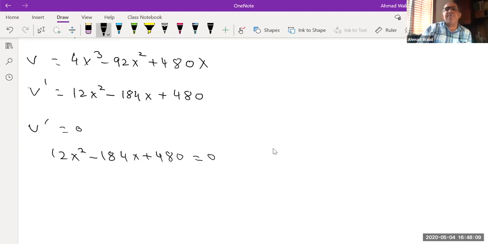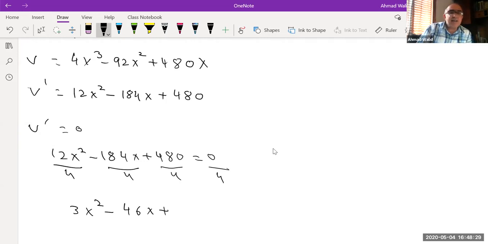Let's divide everything first by 4 to make it smaller, because it's too big. It gives you 3x squared minus 46x plus 120 equals 0. Can we factor?